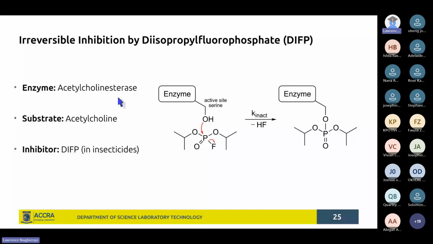A lot of times it is to cause a paralytic effect in the pest. So you have the enzyme acetylcholine esterase. Humans, we also have acetylcholine esterase, which is responsible for our muscle contraction and relaxation. You have acetylcholine, which is like a neurotransmitter.